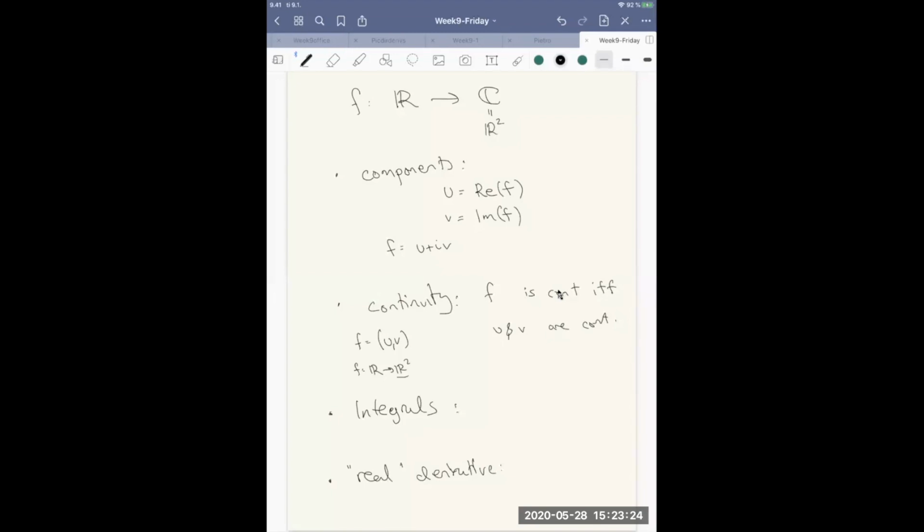Now, what about integrals? If I want to integrate f from a to b, and let's assume that it is continuous, how do we define this integral? We express f as u plus iv dx, and we express this integral as the u integral plus i times the v integral.